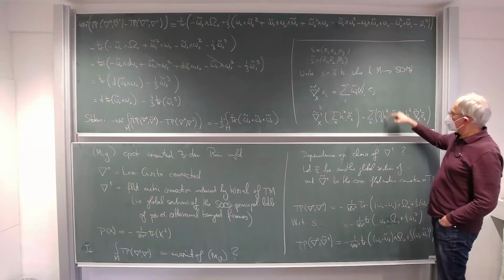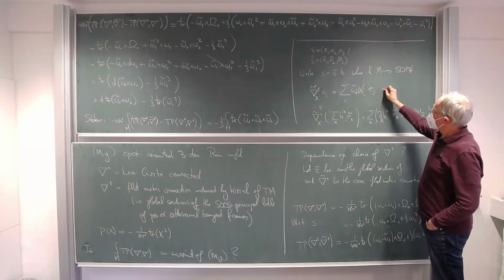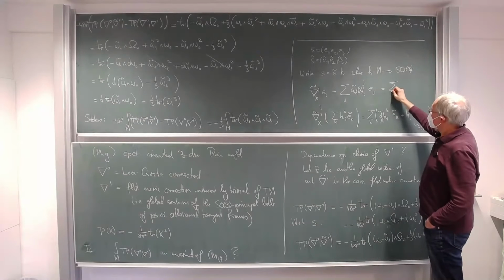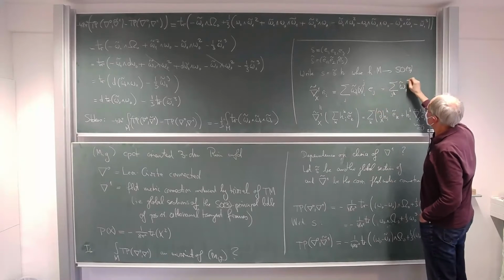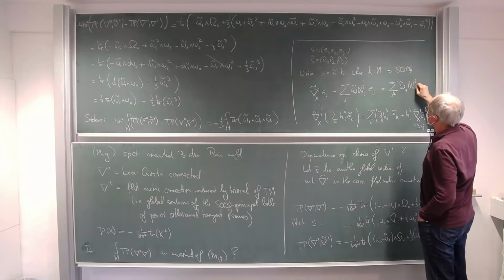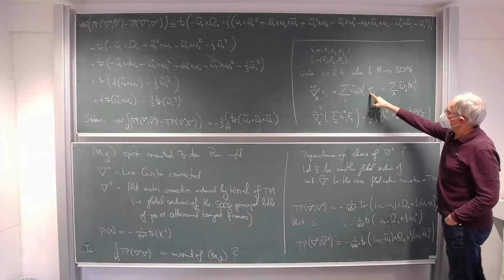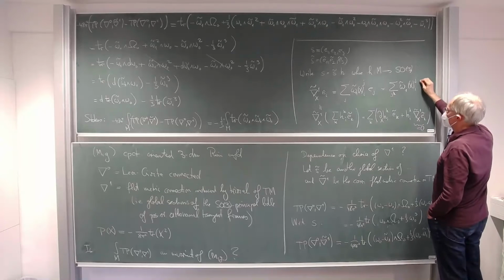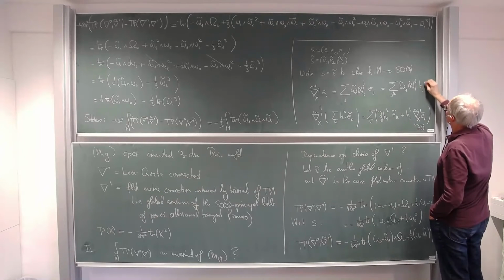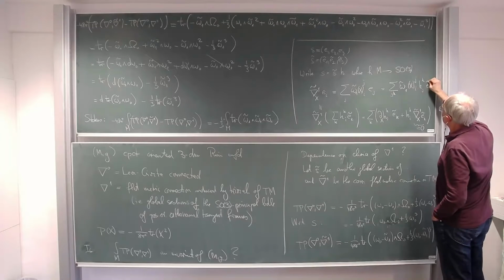And in order to compare, I also have to do the conversion here. So then I have a double sum over j and k. These coefficients first, and then I have to express this in the tilde frame in the same way. So that would give me H_jk E_k tilde.